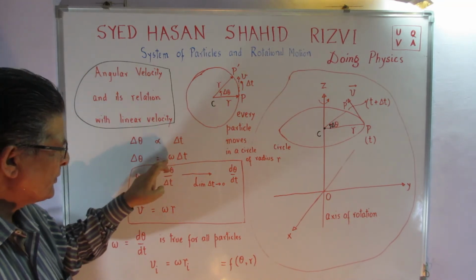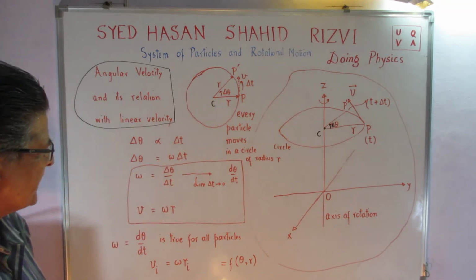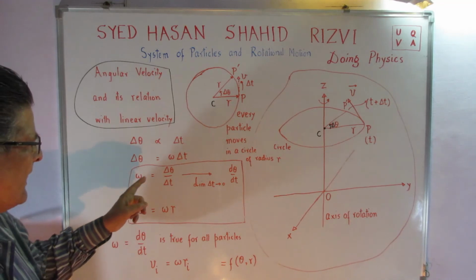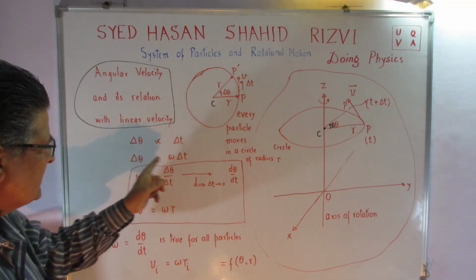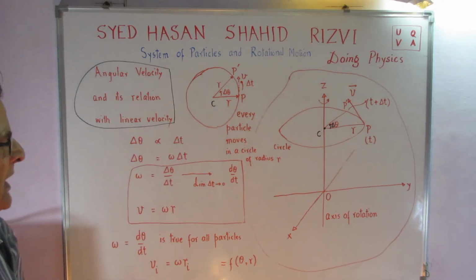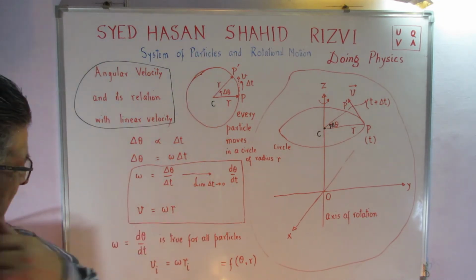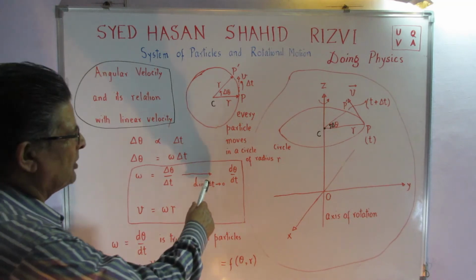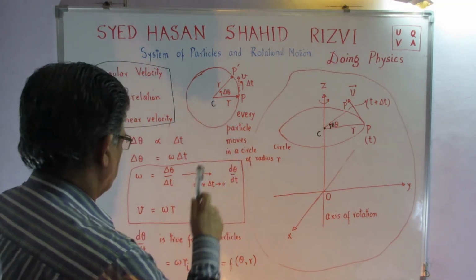The constant of proportionality here is taken as omega, so omega is delta theta upon delta t, which in the limit as delta t tends to 0 becomes d theta upon dt.